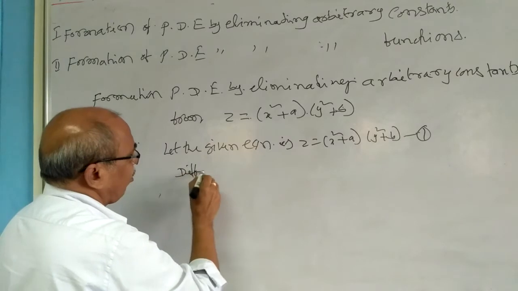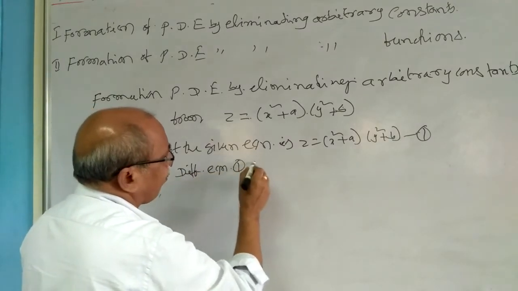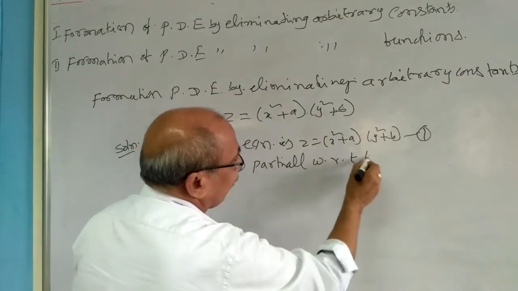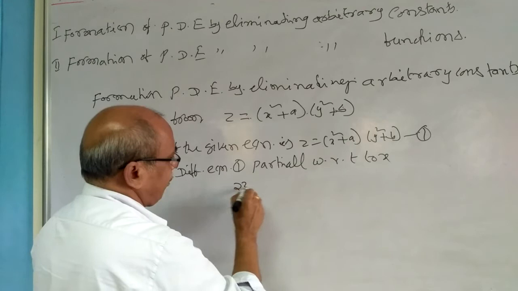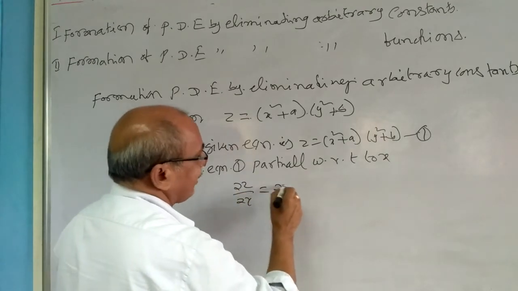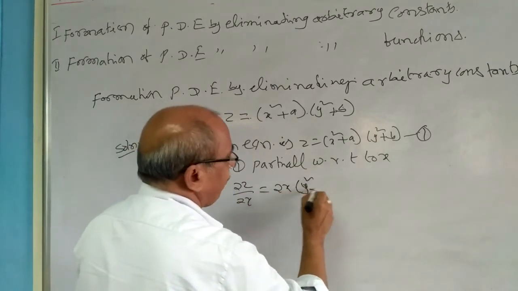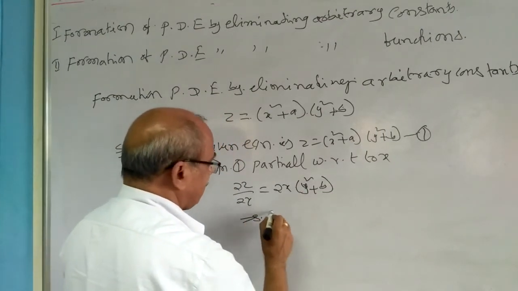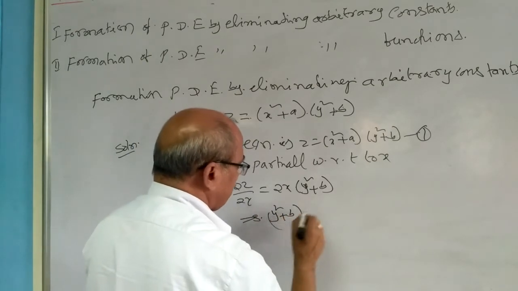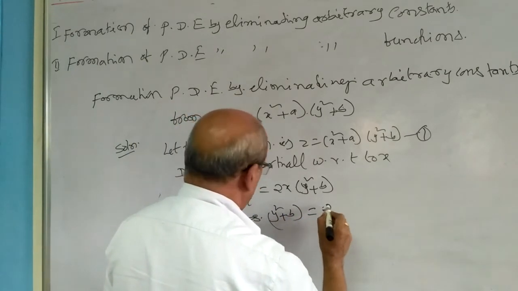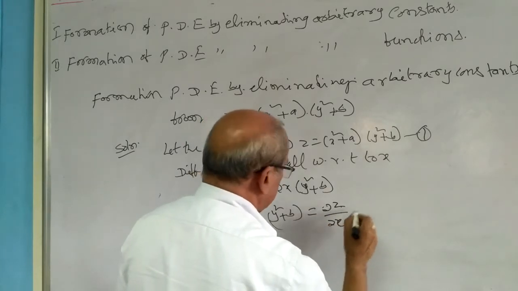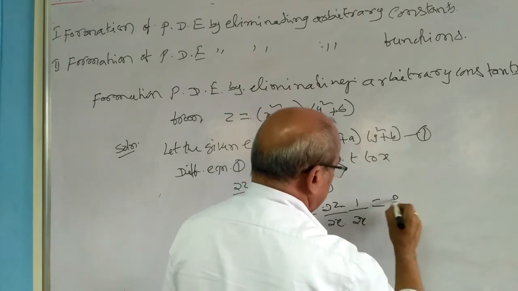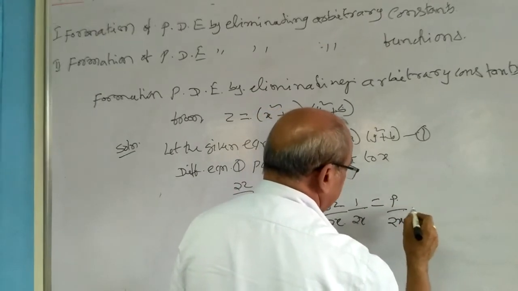Differentiating equation 1 partially with respect to x, ∂z/∂x = 2x(y² + b). That implies y² + b = (∂z/∂x)(1/2x), that is p/2x.